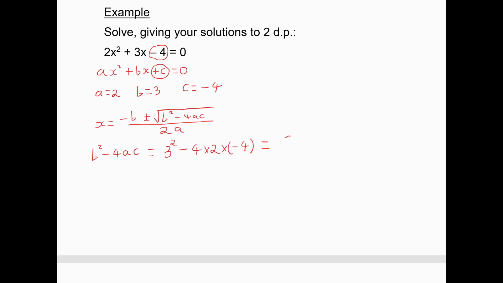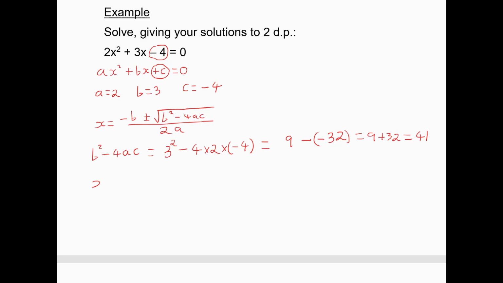This is going to be 9 minus 4 times 2 times minus 4. That will work out to be minus 32. Nine minus minus 32 is 9 plus 32, which works out to be 41. So b squared minus 4ac is 41.